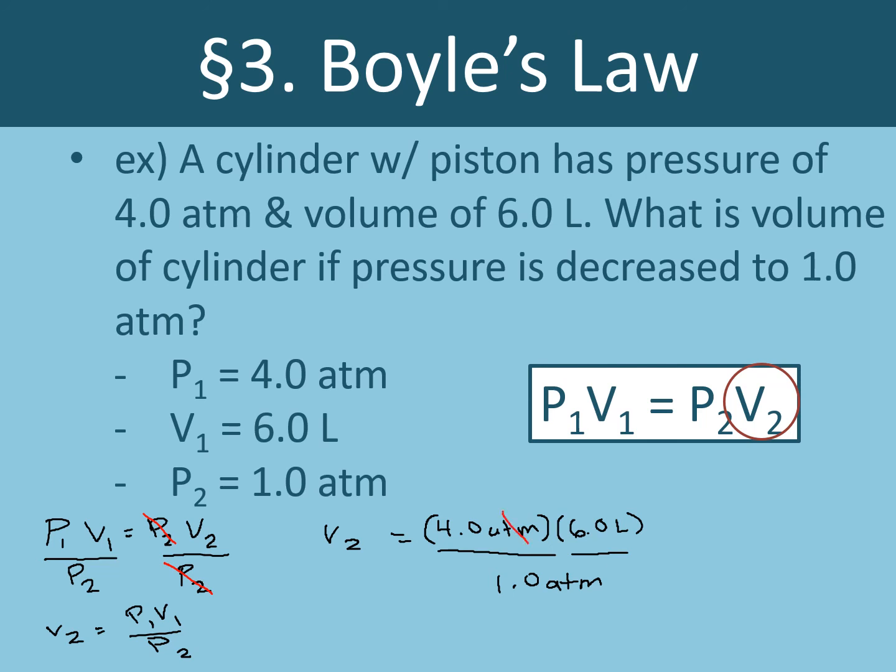Units of atms cancel, we're left with units of liters, and since we're calculating volume, that's a good sign. Put this in your calculator, or perhaps you can do this mentally, and you'll get V2 is equal to 24 liters.